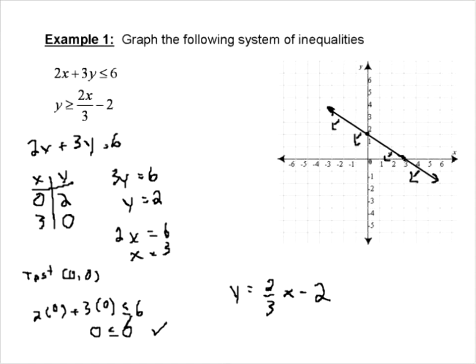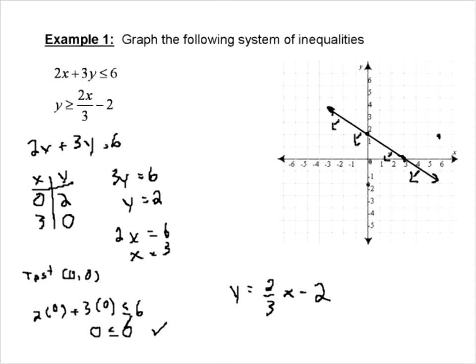Remember, that tells us that the intercept is at minus 2, and there's a slope of 2 over 3. So we rise 2 and we run 3, and we put a point. And we rise 2 and we run 3 and we put a point.